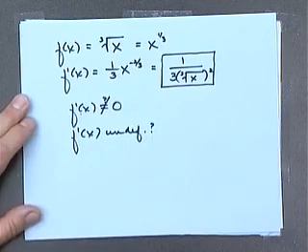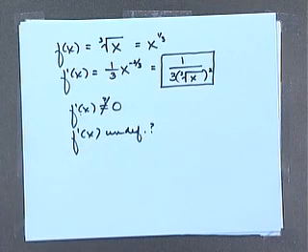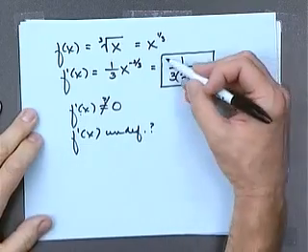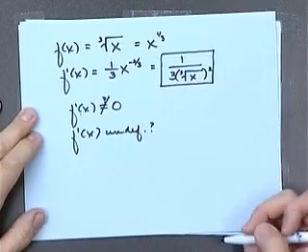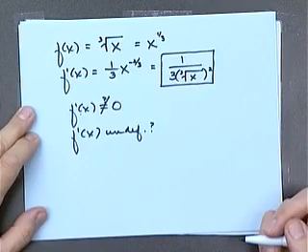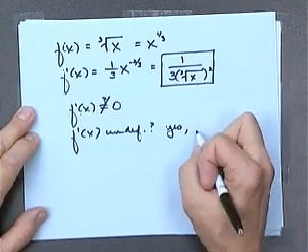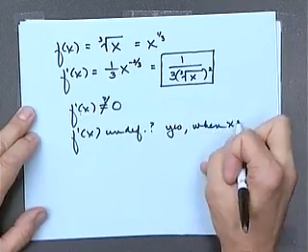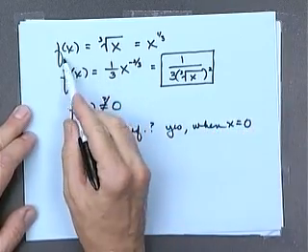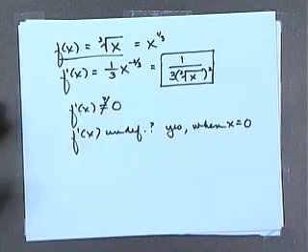Is it ever undefined? Is this derivative ever undefined? Is this fraction ever undefined? It is, when x is 0, right? Now, can x be 0 in the original function? Is there such a thing as the cube root of 0?